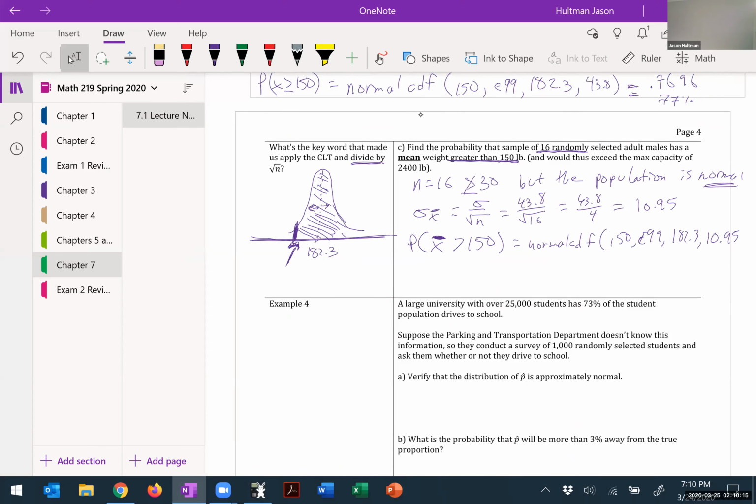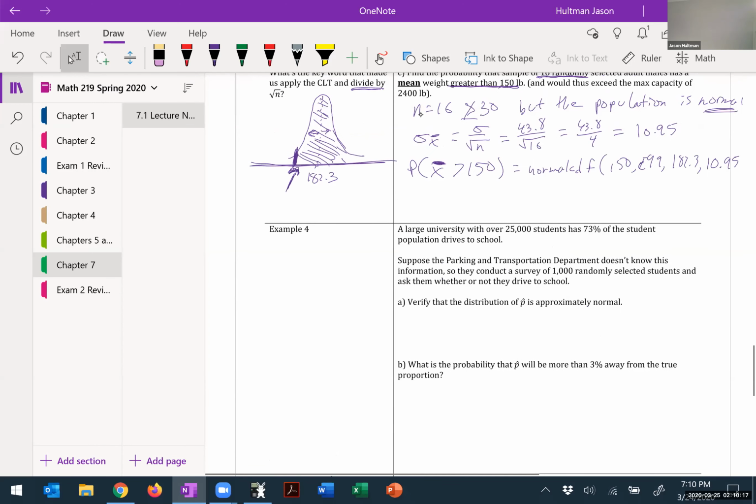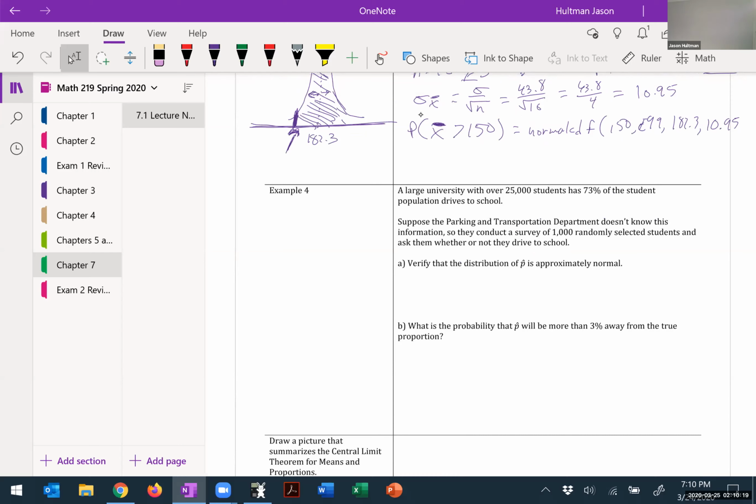Okay, let's go over this one here, example 4. A large university with over 25,000 students has 73% of the student population that drives to school. So what does that 73% represent? Well, that's the population, right?